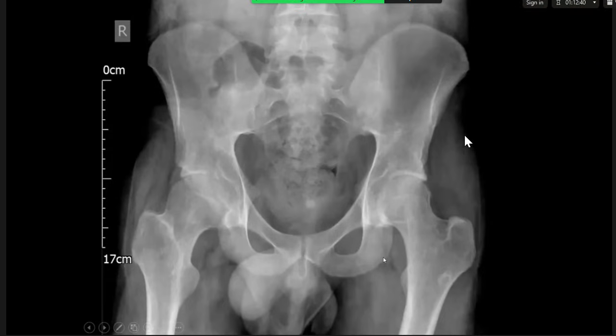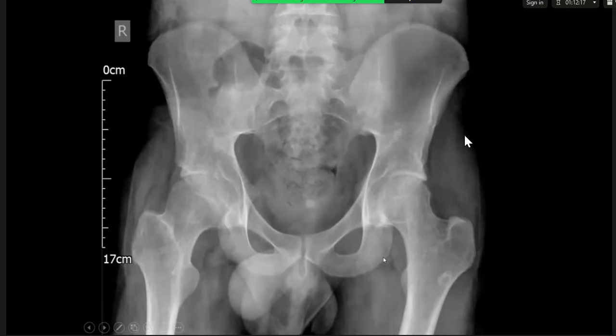Sure. So I know the patient has back pain and diarrhea, so I'll start off by looking at the spine. Can't see any abnormality within the spine. There's reduced joint space within the sacroiliac joints. They are not well appreciated bilaterally and appear to be fused.